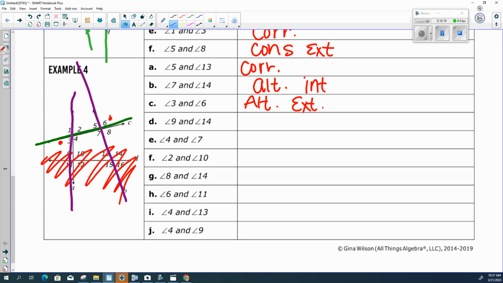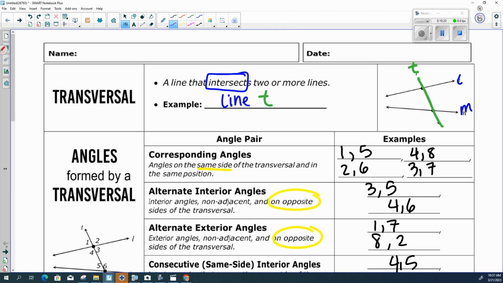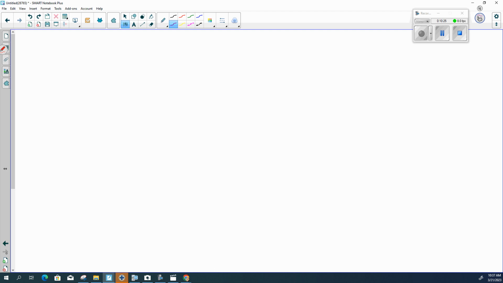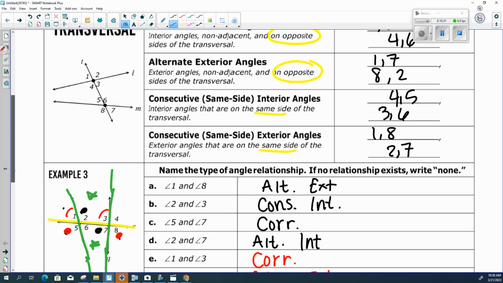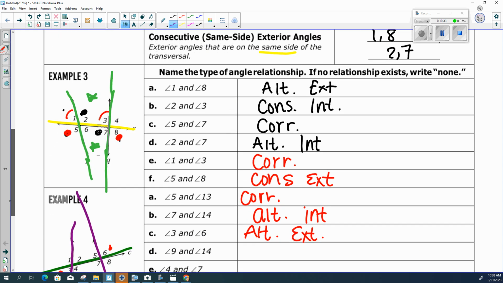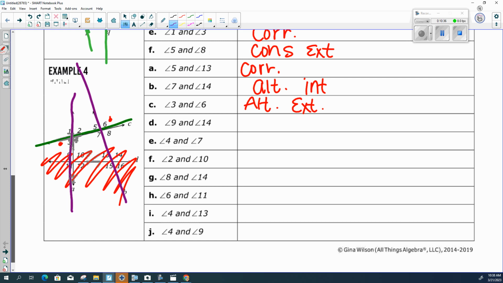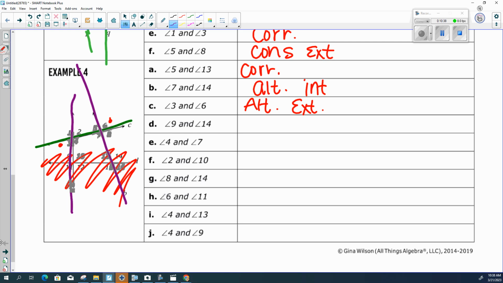Okay, that's as many as I'm going to do on this. Oh, that was the whole thing. Okay, for the homework, it's a coloring paper, and I don't have it pulled up, unfortunately. So it's going to look an awful lot like this, but it's going to say something like, if it's alternate exterior, color it yellow.